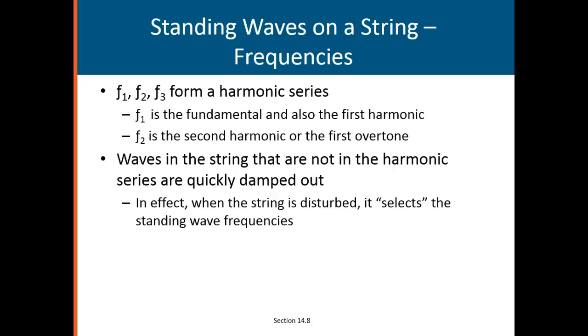When the string is disturbed, it selects its standing wave frequencies and then goes with it. So those are the ones you get. We should have done that before we did the quick quiz. I just got ahead of myself.